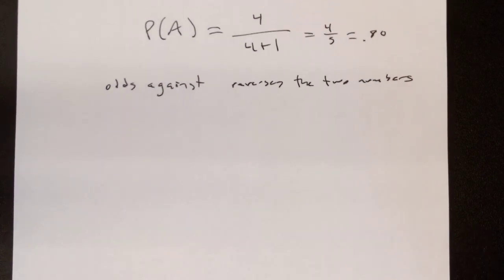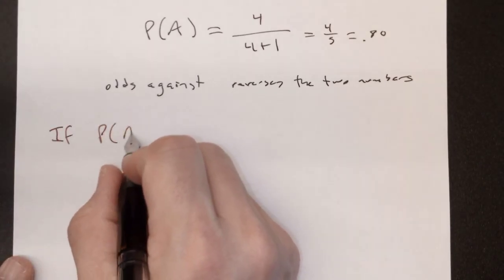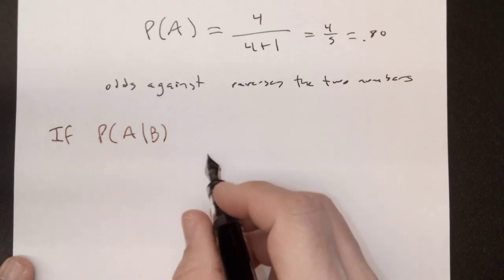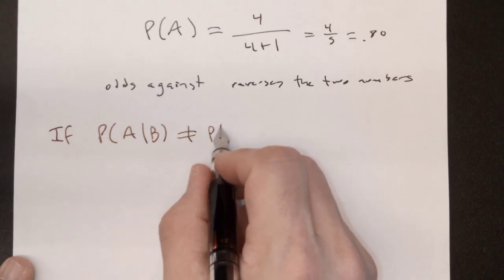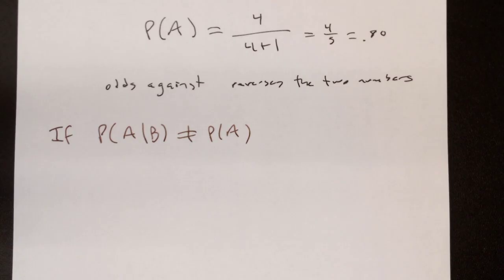If gaining more information changes my probability, what I can compute, then I say these events are dependent on one another.